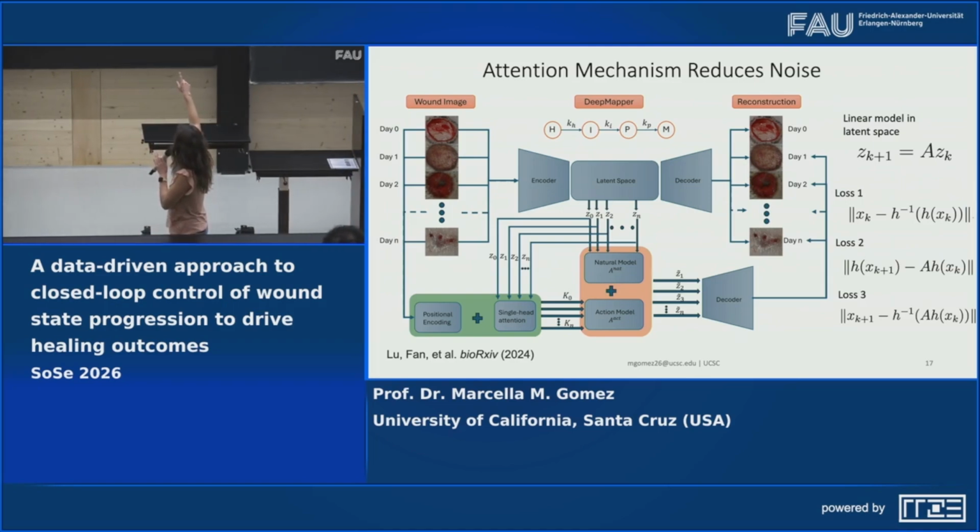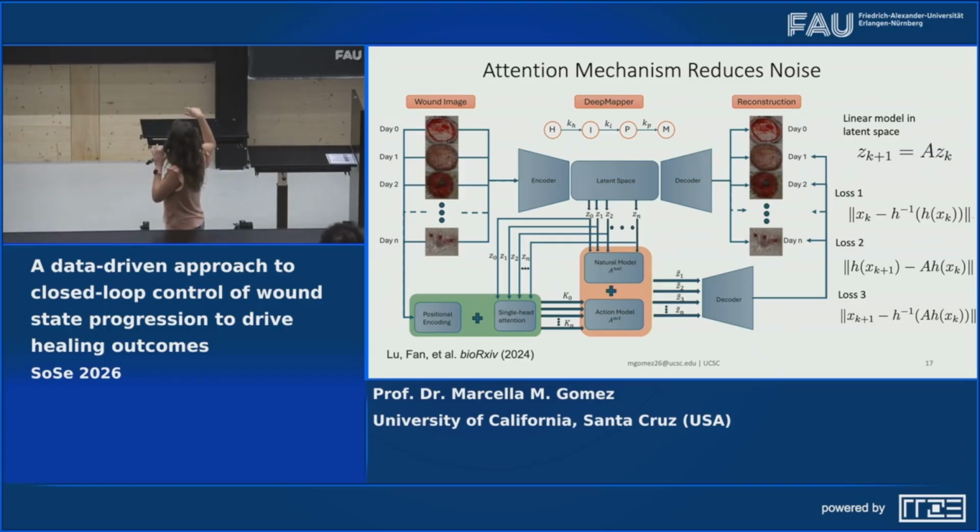Or if I take my current state, put it through the encoder and back through the decoder, it should match my original one. The other one is, you can see the subscript K and K plus 1, so you can go either backward in time or forward in time and then make sure that they match. Because that also helps to enforce the forecasting capabilities of the learned linear system matrix A.